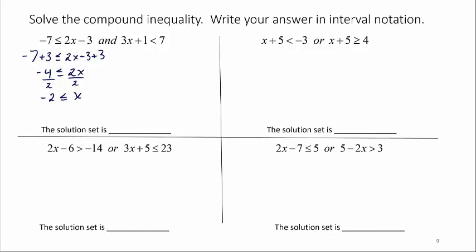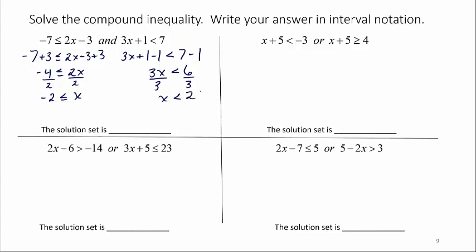Okay, so now with the 3x plus 1 less than 7, I have to subtract 1 from both sides. So I'm going to have 3x plus 1 minus 1 less than 7 minus 1. So then I have 3x less than 6. Divide both sides by 3. x is less than 2.